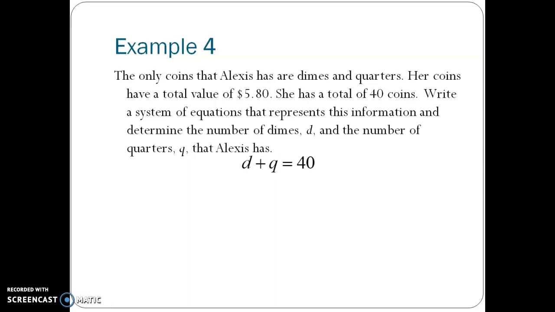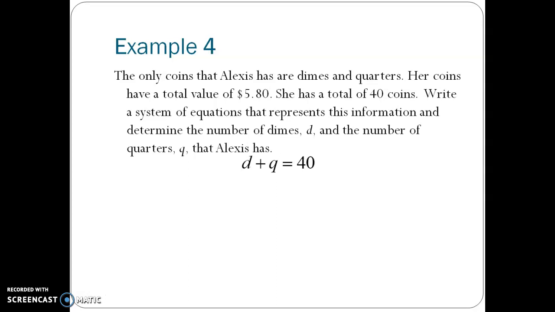Now the second piece of information that I have is the total value of her coins. Now we know that dimes are each worth 10 cents and quarters are each worth 25 cents. I'm going to write this second equation in terms of cents, so we don't have to deal with the decimals.